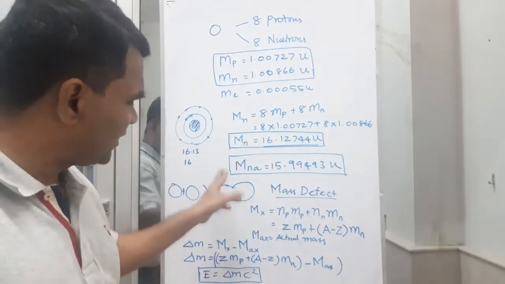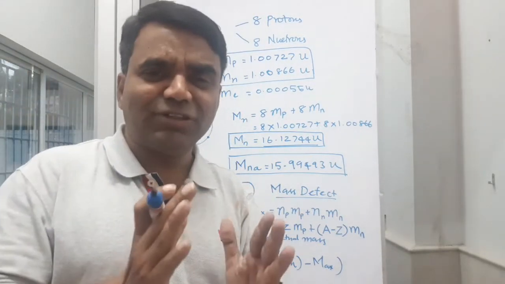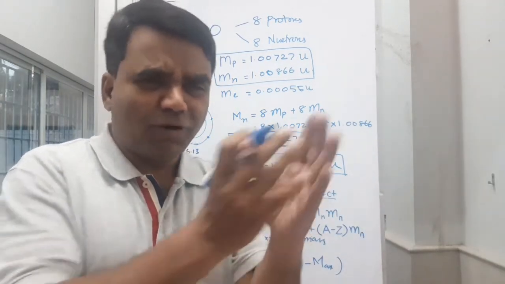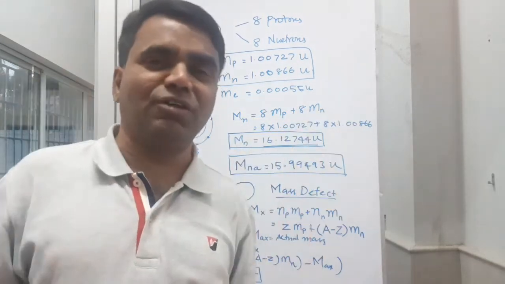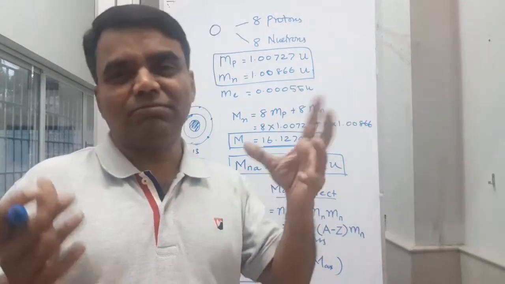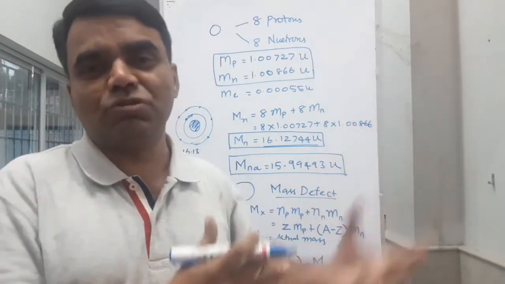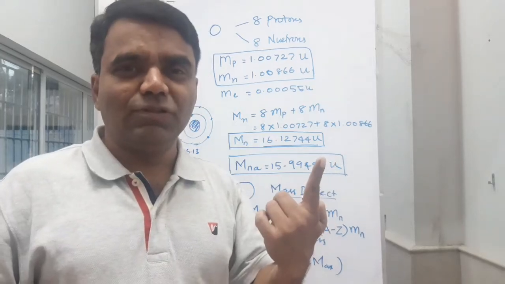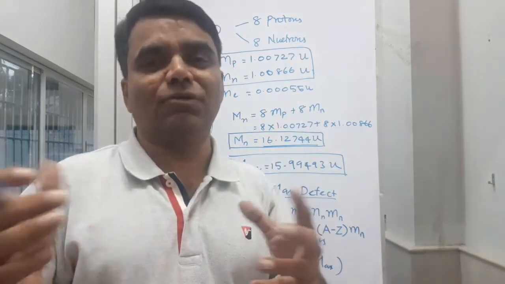Can it be 0.9 neutron out, or 0.99 proton out? A proton is one proton. You cannot have a 0.99 proton out.